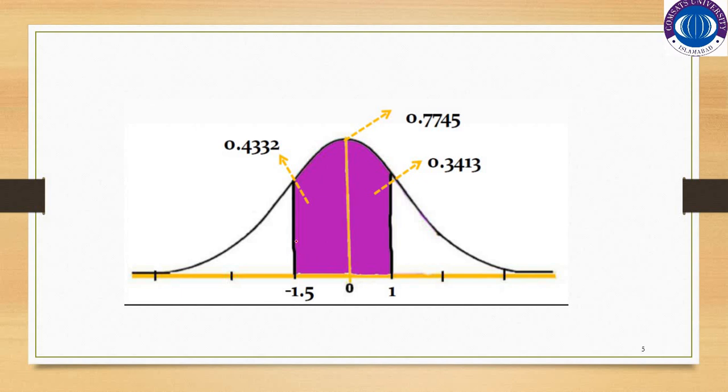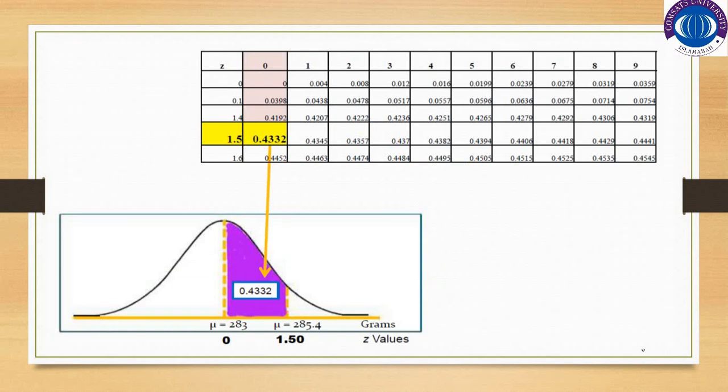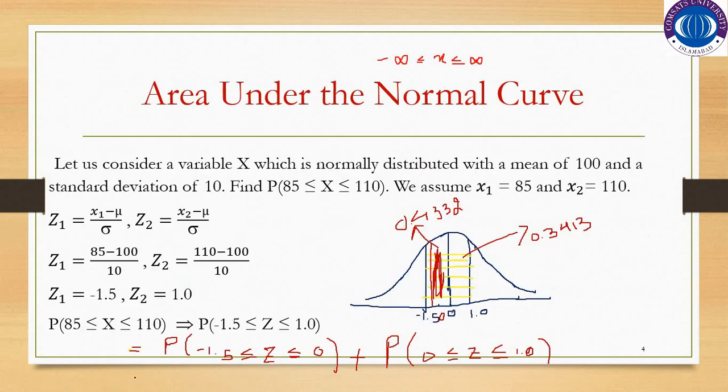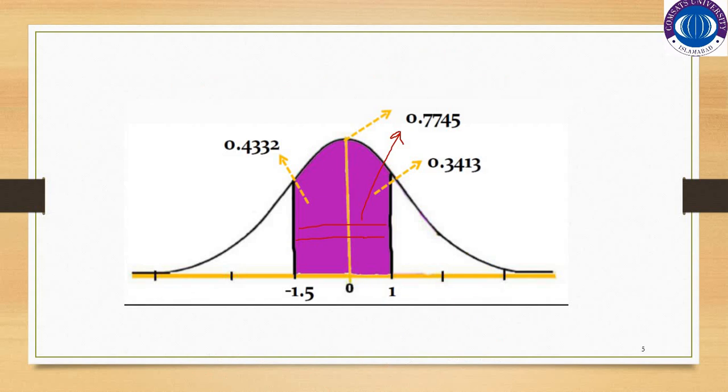So all together this complete area will be 0.4332 plus 0.3413, which will be equal to 0.7745.